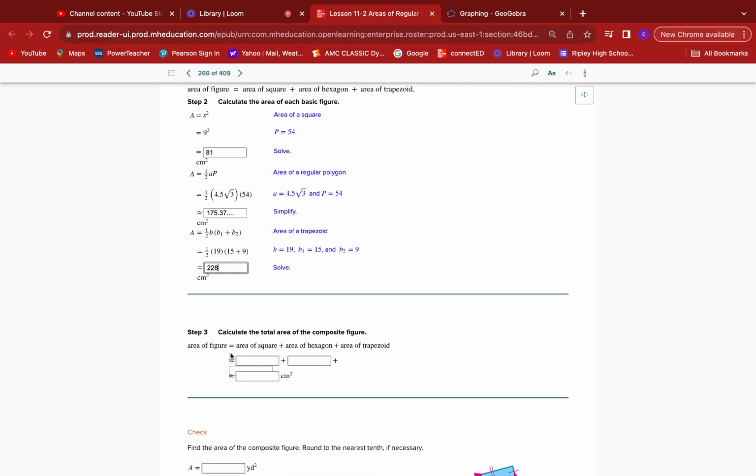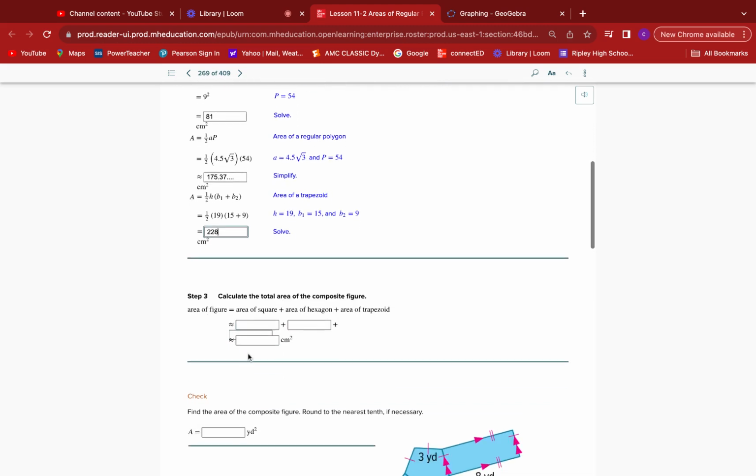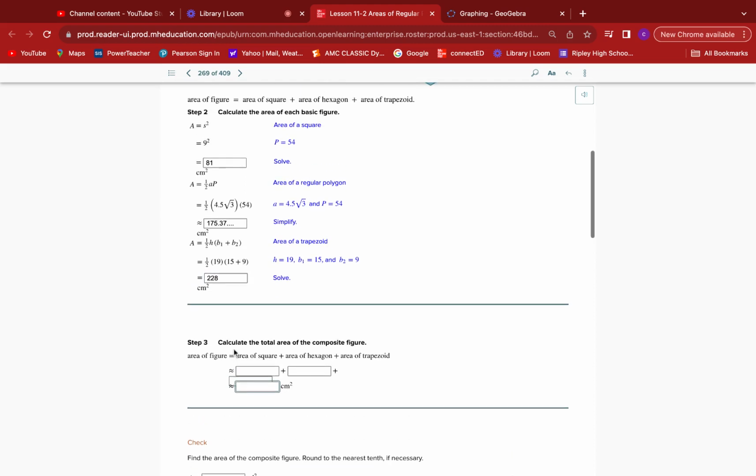The area of the figure is the area of the square plus the area of the hexagon plus the area of the trapezoid. You know what? They don't even have a third blank. Yeah, they do. I'm sorry. It's right behind you there. Oh my gosh. All right, so I'm going to add 81 and the 175.37 and the 228 all together.